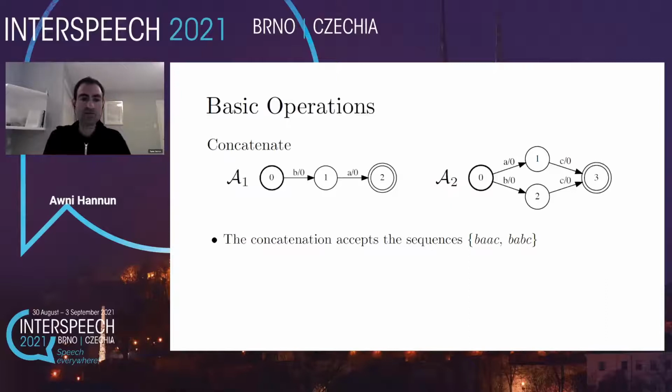You have to do this for every sequence in the first input and every sequence in the second input. So the number of paths the concatenated graph accepts is the number of sequences in the first input graph times the number of sequences in the second input graph, because each pair can be a sequence in the concatenated graph.